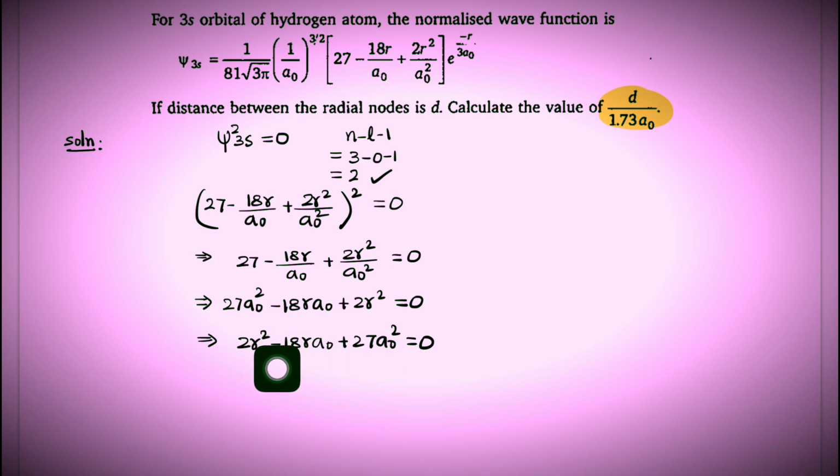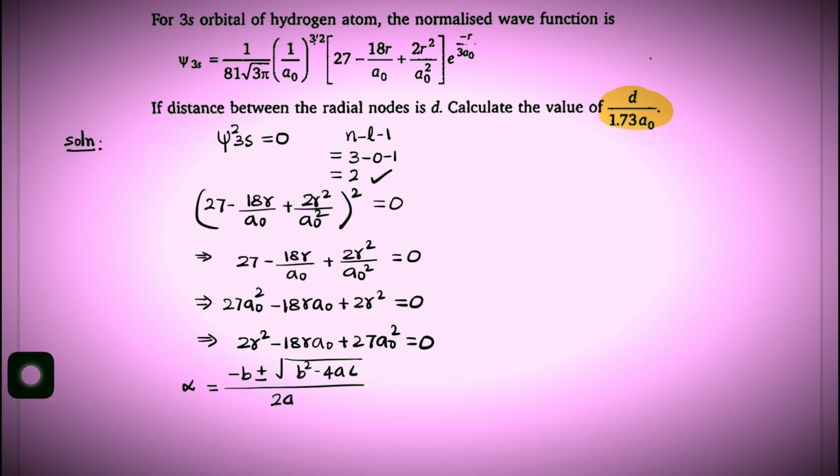We know how to find the roots of a quadratic equation. Let's say the two roots are alpha and beta, given by minus b plus or minus the square root of b square minus 4ac, upon 2a. In this case, what are a, b and c?